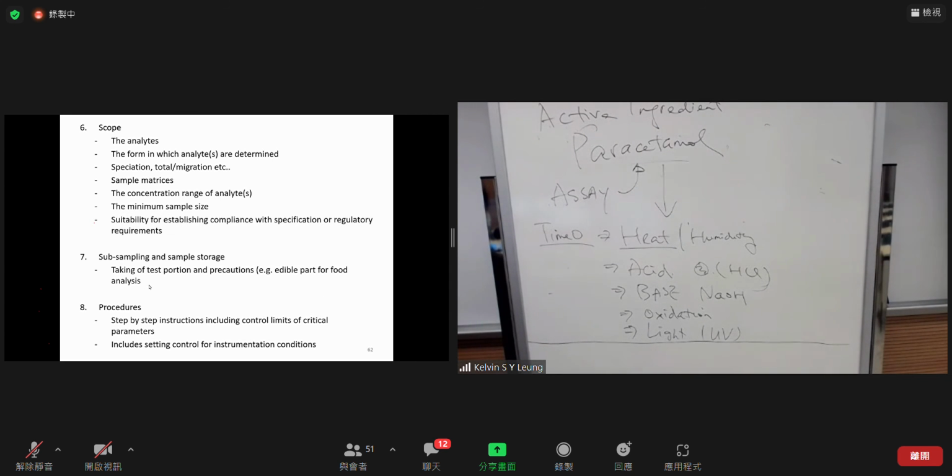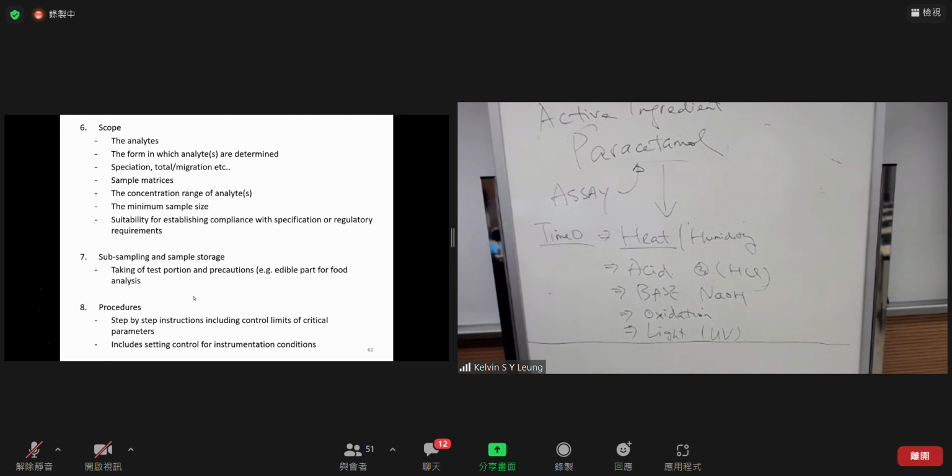The scope, to include the concentration, the sample size, etc. Any subsampling, any storage conditions. Let's say if you have included solution stability studies, you also need to list your suggested storage time for your standard and your sample.